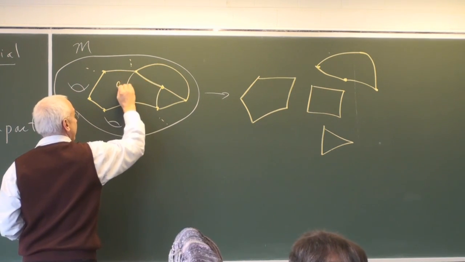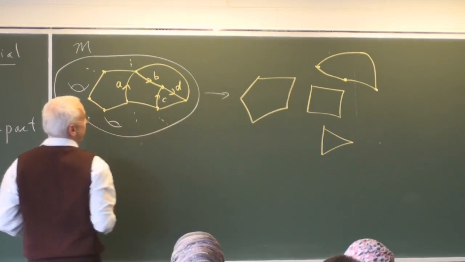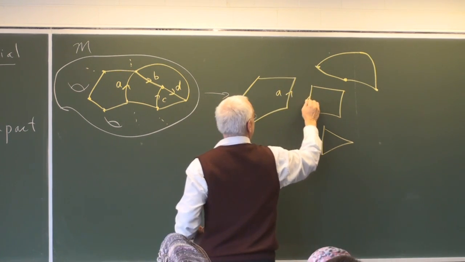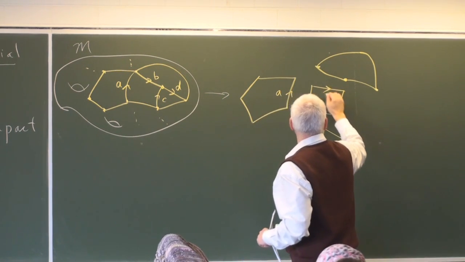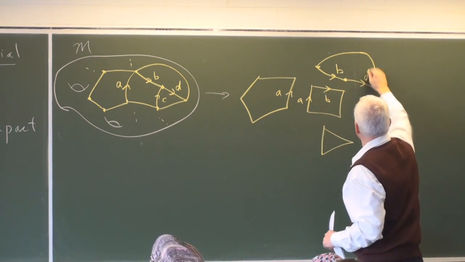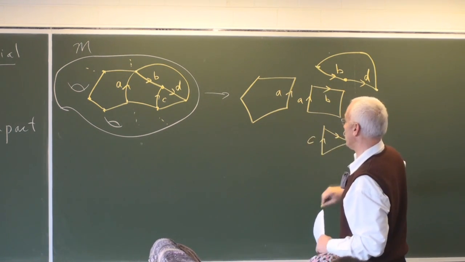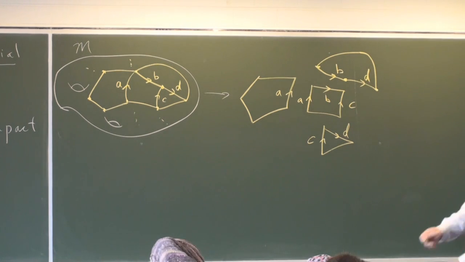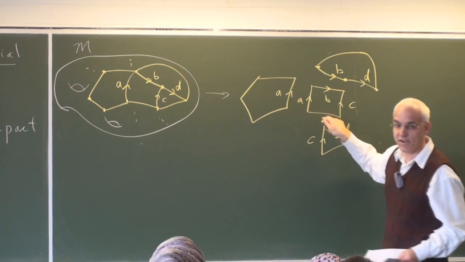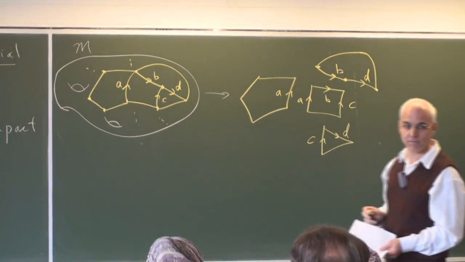So if we put some arrows and some labels, say A, B, C, D in some fashion, then we would have over here A, and B, and B, and D, say, and C, and C. And then these labels on these pieces would tell us how to glue the polygons together to get back the original surface.